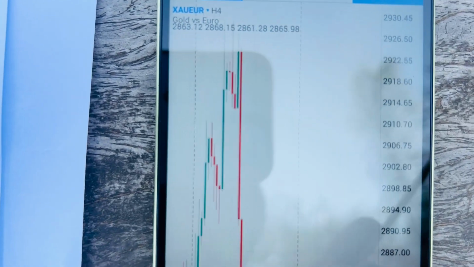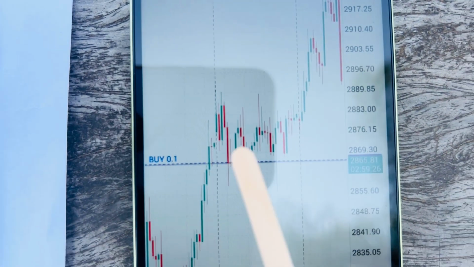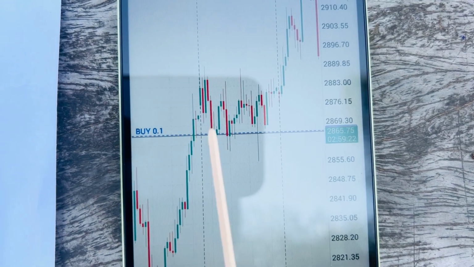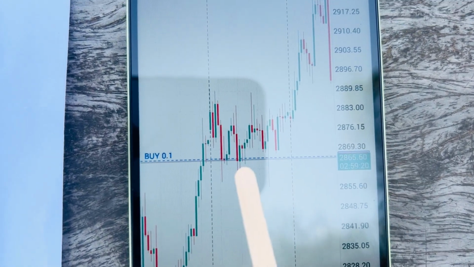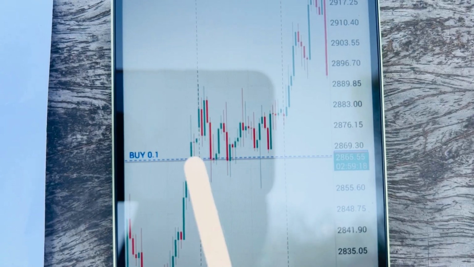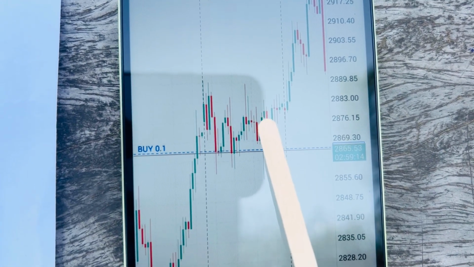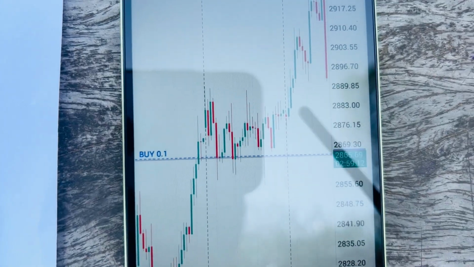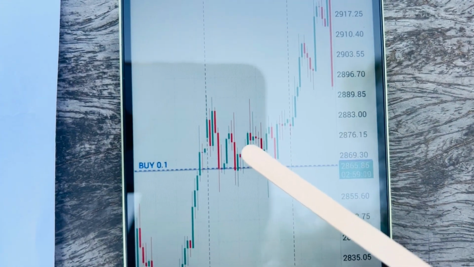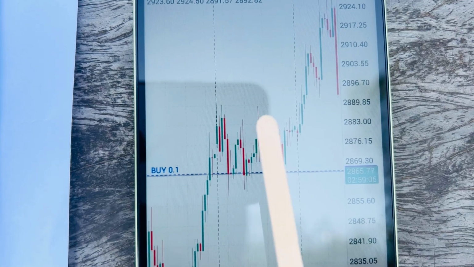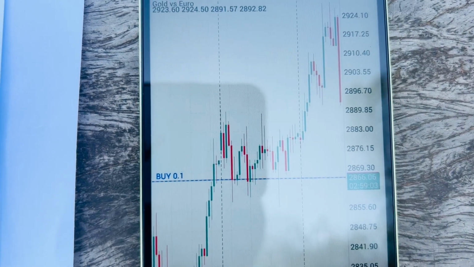Let's zoom out. I want to show you how I see the last week, and you can see these period separators here. It's important to have them, because it allows you to see the entries that you had last week using 4 hours. With the 4 hours time frame, you're able to count from high price to lower price how many trades you had.